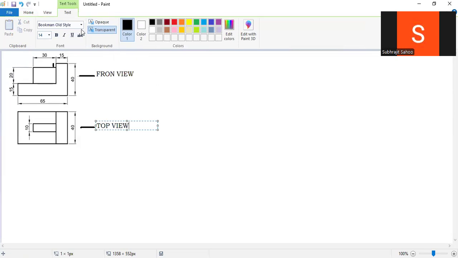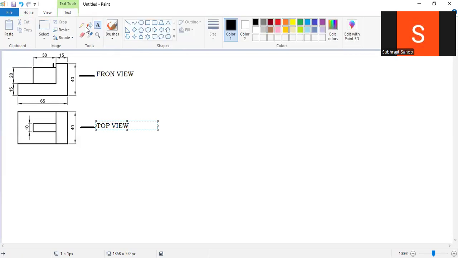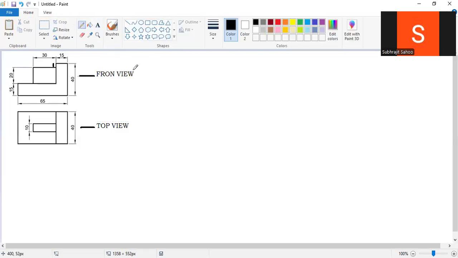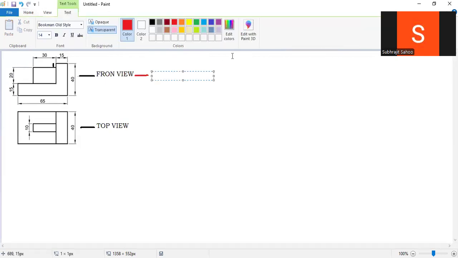And one more thing I will tell here. The front view contains the diagram's length and height.